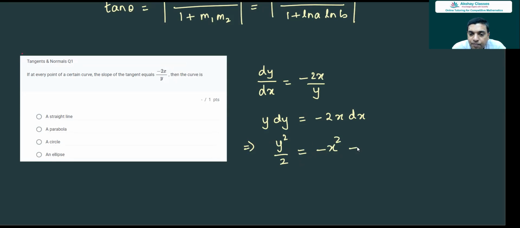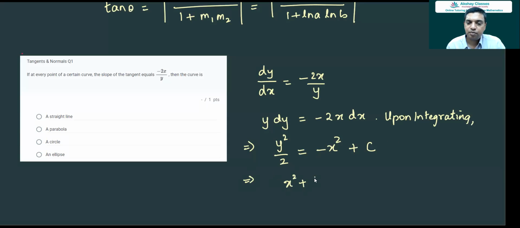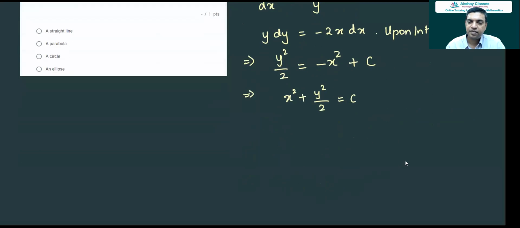plus c. I think most of you have missed this constant. When you integrate, we get a constant. So upon integration, we get this. So now we get x square plus y square by 2 is equal to c.